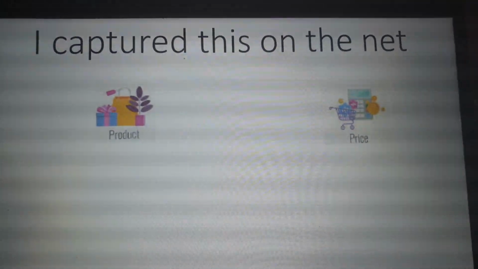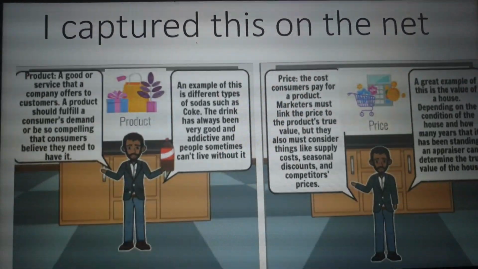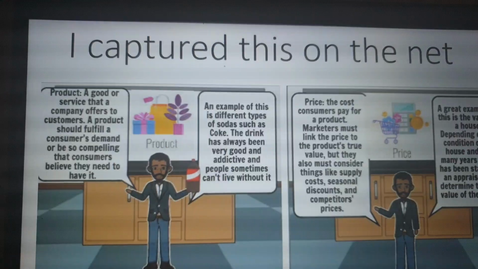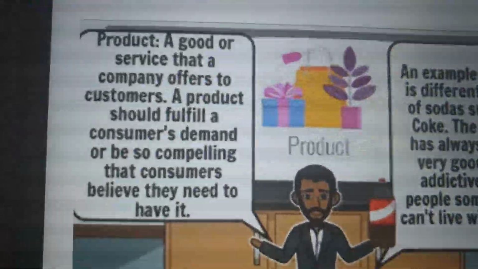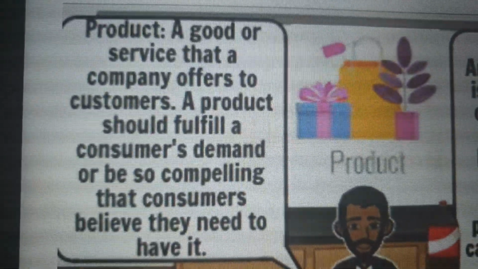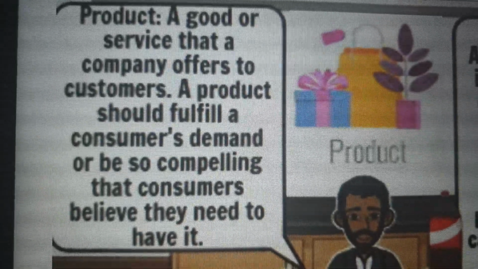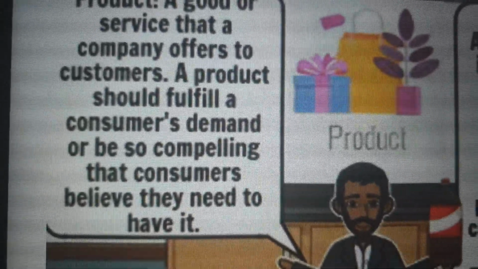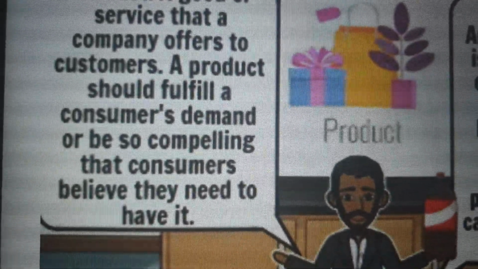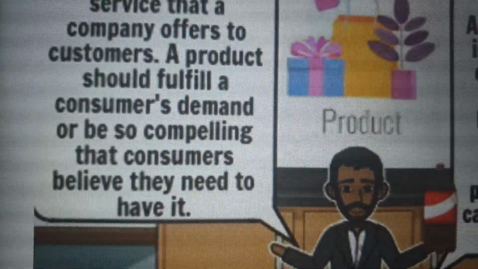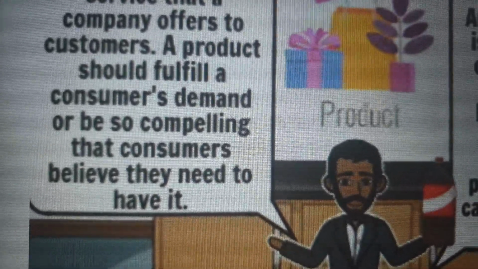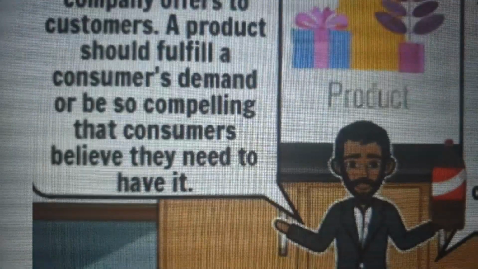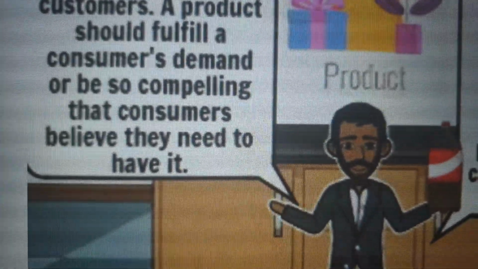Now, I captured this on the net. A product is a good or service that a company offers to customers. A product should fulfill a consumer's demand or be so compelling that consumers believe they need to have it.